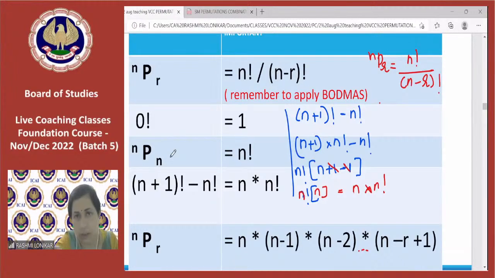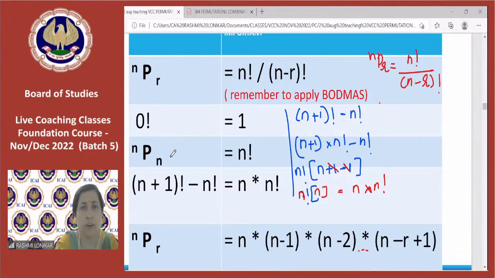So how much will that be? This will be equal to n factorial. Suppose 5 students are there and you want to arrange them for a photograph, then if I select all the 5 students, it is nPn. So out of 5 students, I am selecting 5. So that is n factorial.